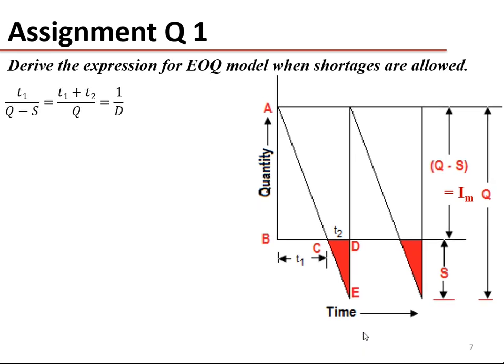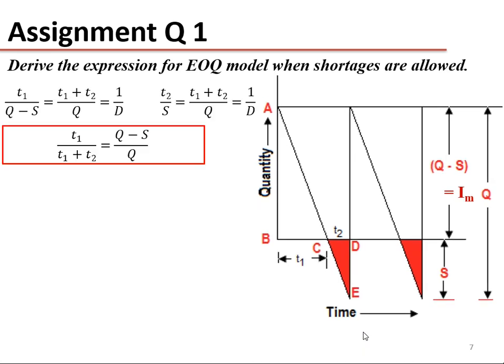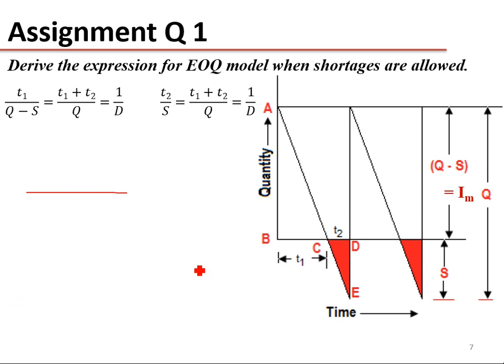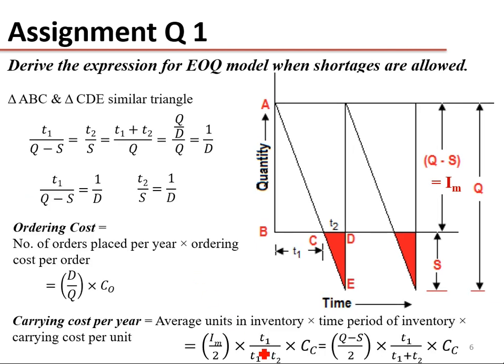Okay. Now next we are going to find this carrying cost over there. We already put the values over there. Now from there, I'll show you. Again, we go a little bit back. Now you have all the things in terms of T1 upon T1 plus T2, and from this relation we can easily find the relation between T1 and T2.